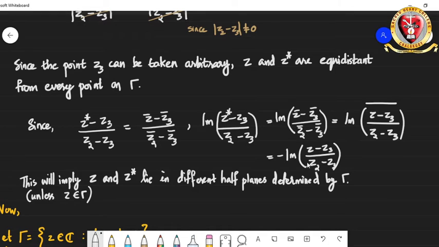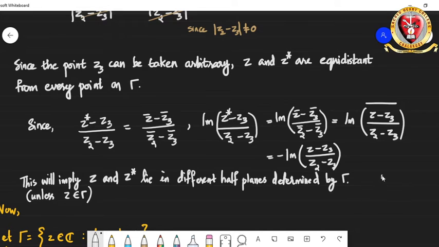So what you got here is that the imaginary part of this number is equal to the negative imaginary part of this number, and you have to understand that the only differences here are the z star and the z, and the negative sign. So this necessarily implies that the points z and z star lie in different half planes determined by gamma.